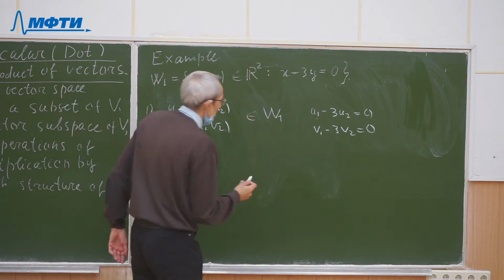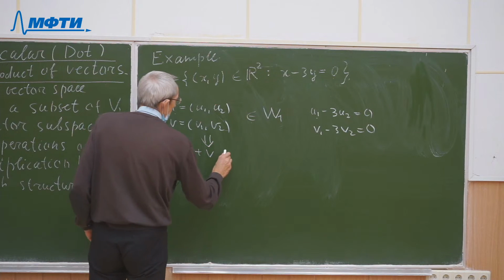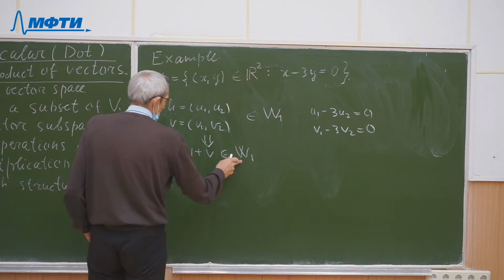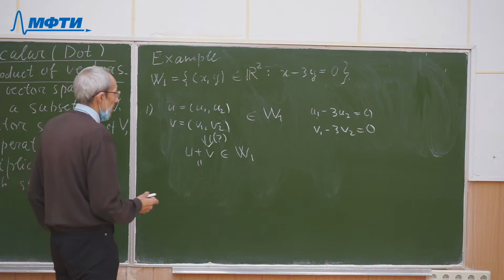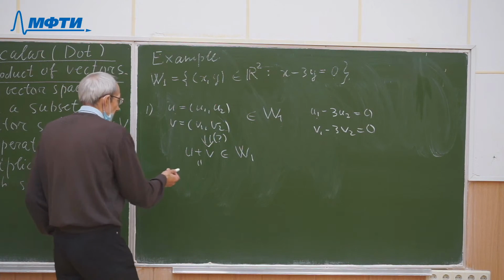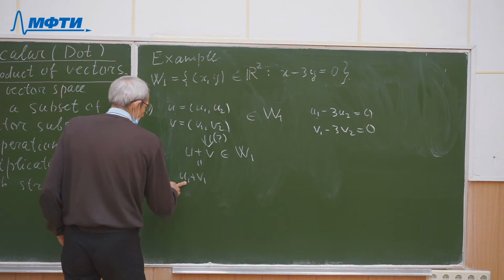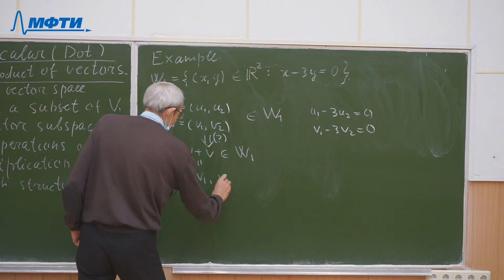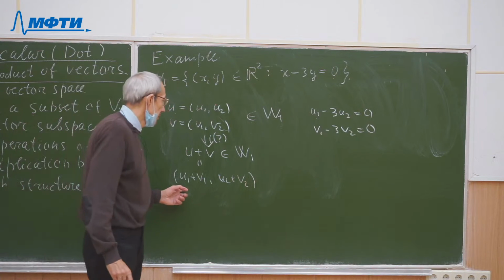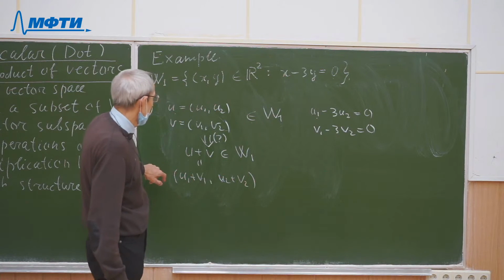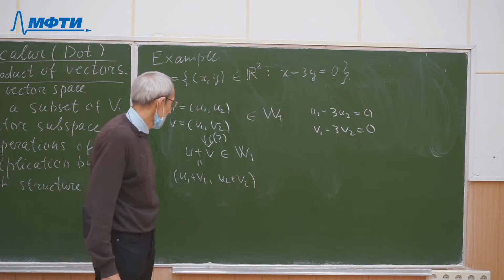And we want to check that u plus v belongs to W1. The vector u plus v has coordinates u1 plus v1 and u2 plus v2, and we want to check this condition for these coordinates.